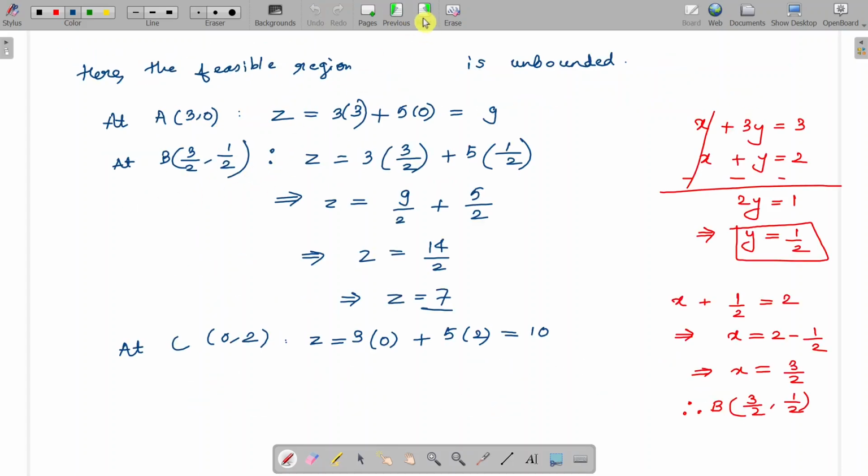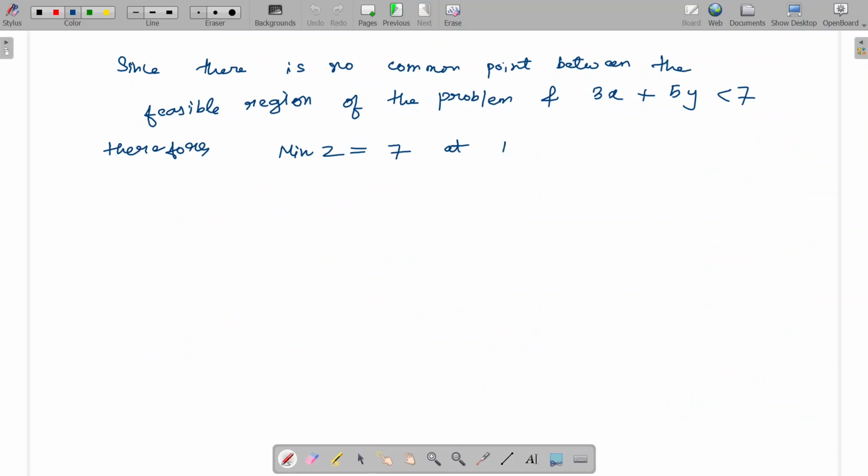It is B, 3 by 2 comma half. Okay, so this is the solution.